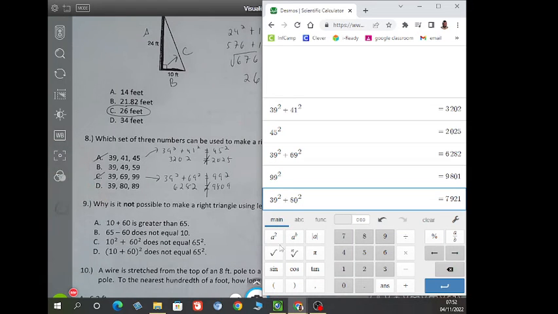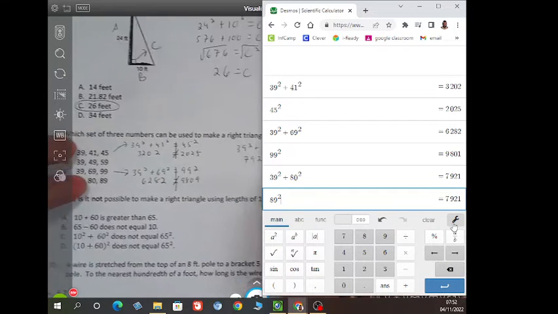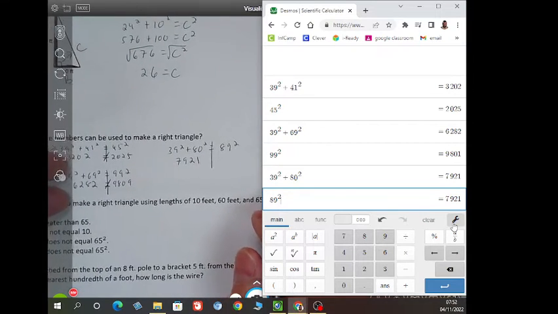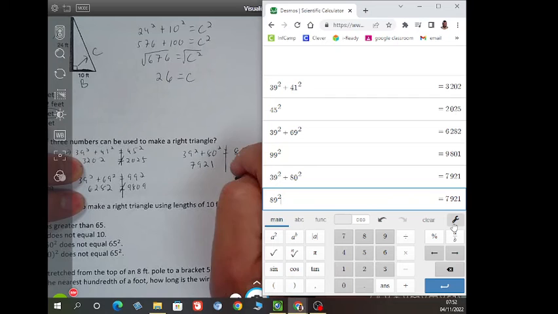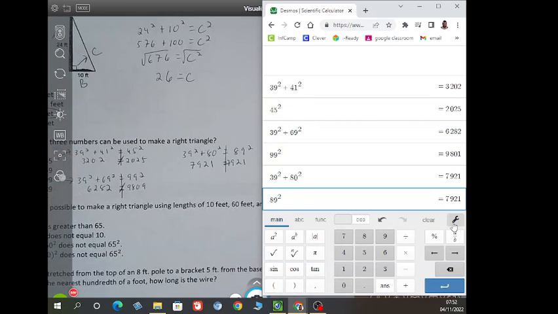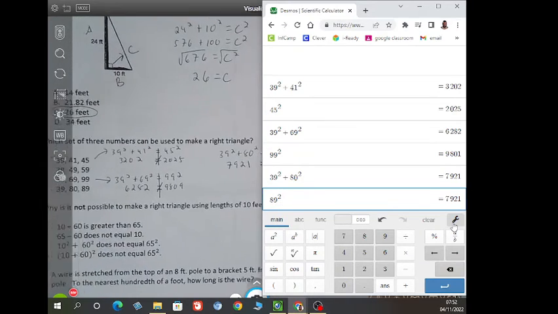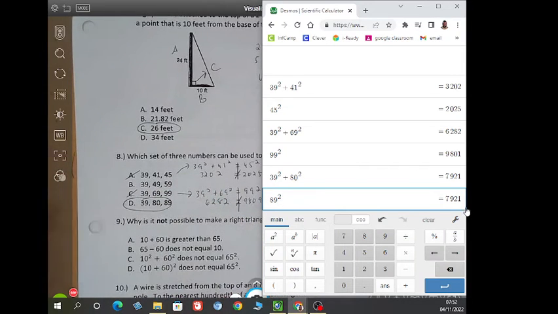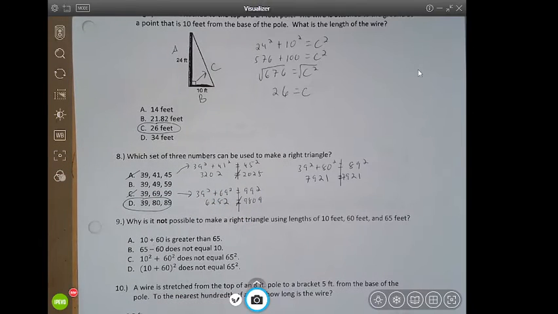And let's test out that 89 squared. And look, it's 7921. So that's the one that's the right triangle. So it's option D.